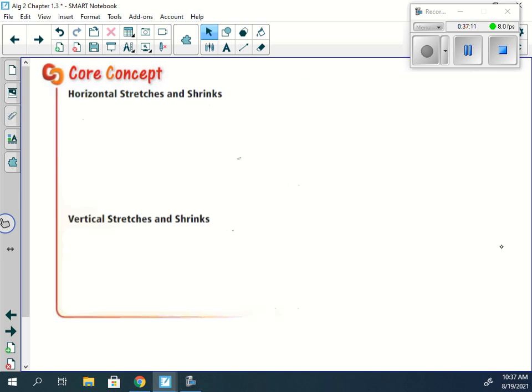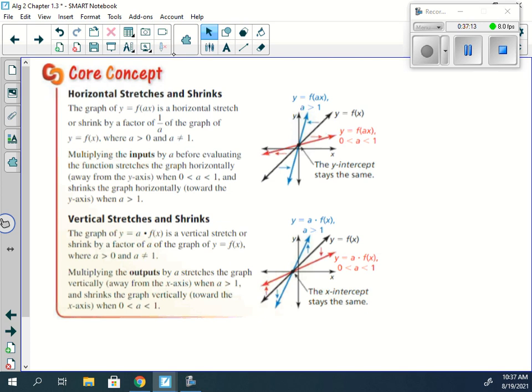Horizontal stretch and shrink, and I think you already have it written out like this, yes? Because I'm nice and I didn't make you try to write all this out. So let's look at this here. The graph y equals f of ax is a horizontal stretch or shrink by a factor of 1 over a of the graph y equals f of x, where a is greater than 0 and a is different than 1.